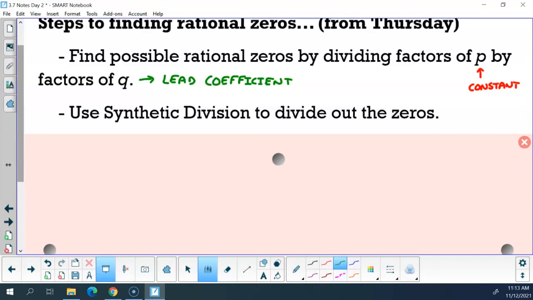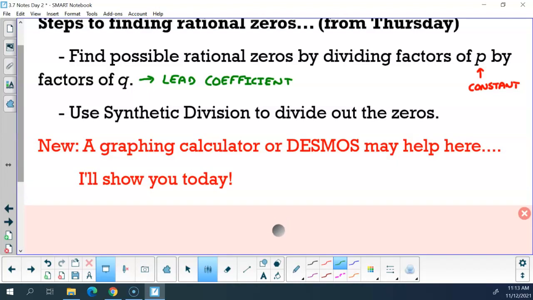What we can do is graph this function, and the zeros of a function are the places that it crosses the x-axis. So if we can see where it crosses the x-axis, then we can narrow that down to just those particular spots. And those are the zeros. So we don't have to guess and check, we can just do.